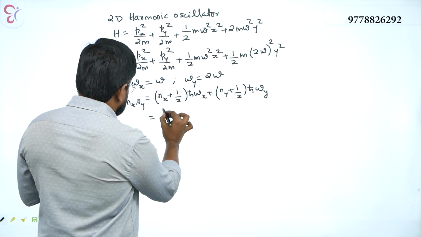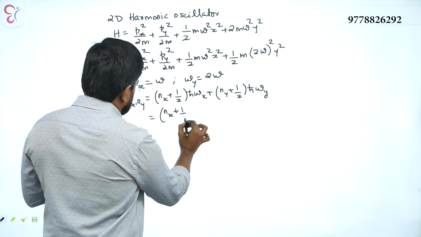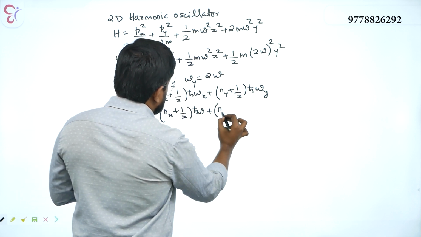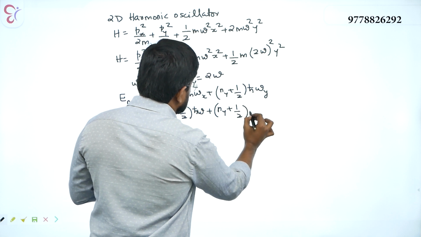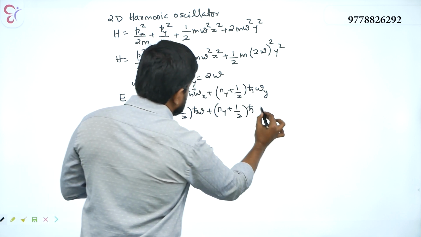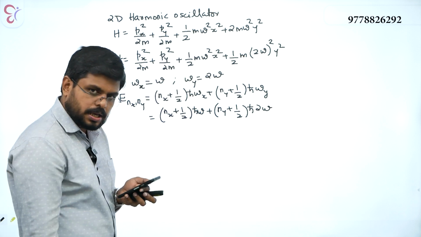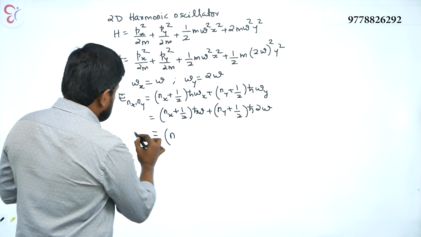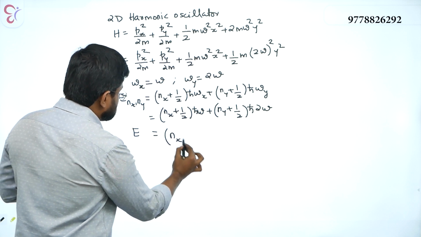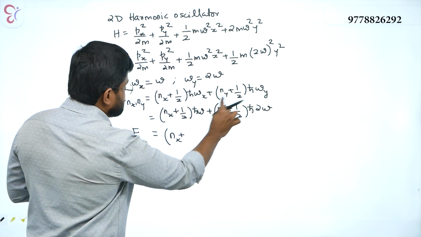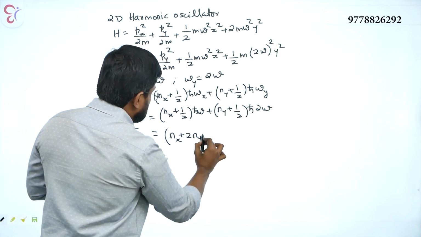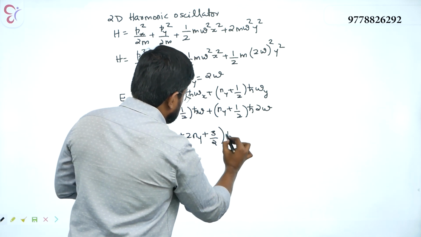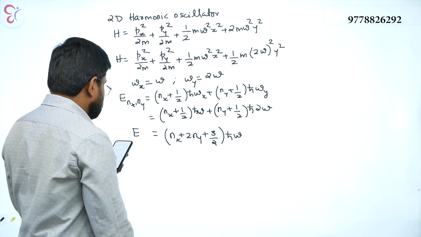So you will get (nx plus half) h cross omega, since omega x is omega, plus (ny plus half) h cross times omega y, and omega y is 2 omega. Clear? So just take it inside. So that energy E is equal to (nx plus 2ny plus half plus 1), which is 3 by 2, into h cross omega.